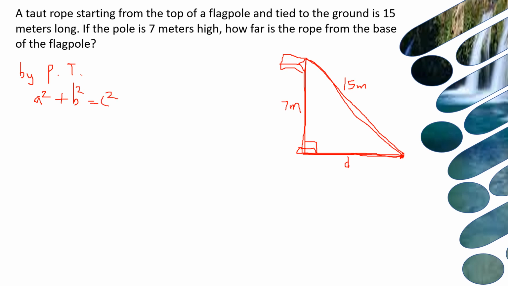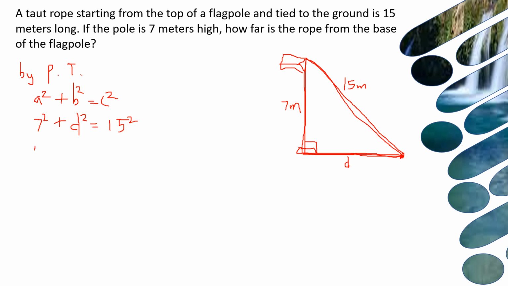Then a is to be substituted by 7, plus d squared equals, and the hypotenuse is 15. So 15 squared, or 7 squared here.